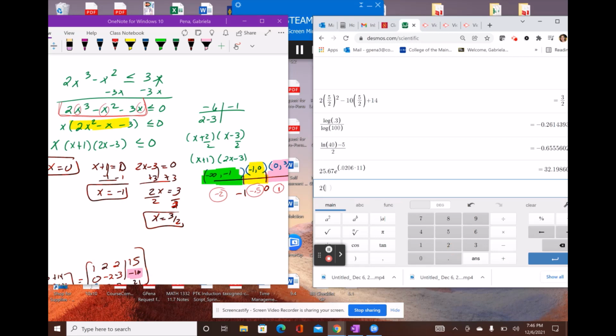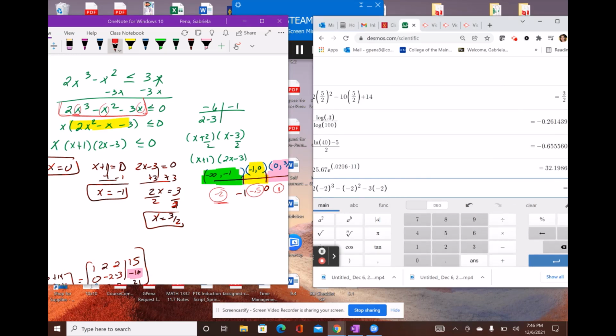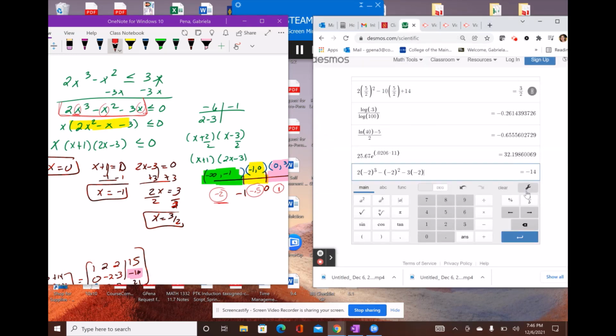The first number we're going to try is negative 2. Negative 2 to the 3rd power, minus negative 2 squared, minus 3 times negative 2. So I'm plugging in the negative 2 for every x here. My answer is negative 14. So I'm going to put a negative 14 down here.